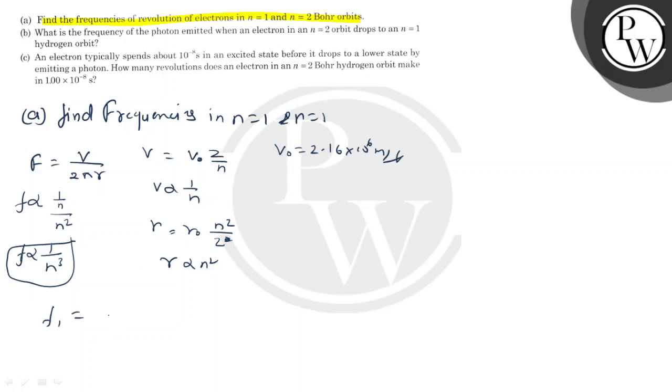Then v is 2.2 into 10 to the power 6, and r naught, in the first Bohr orbit, is 0.529 angstrom, that is 0.529 into 10 to the power minus 10 meter.